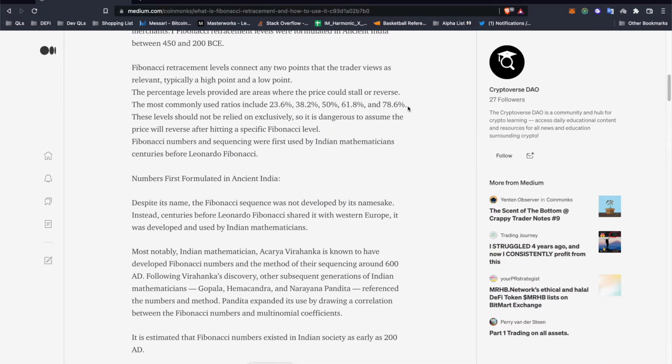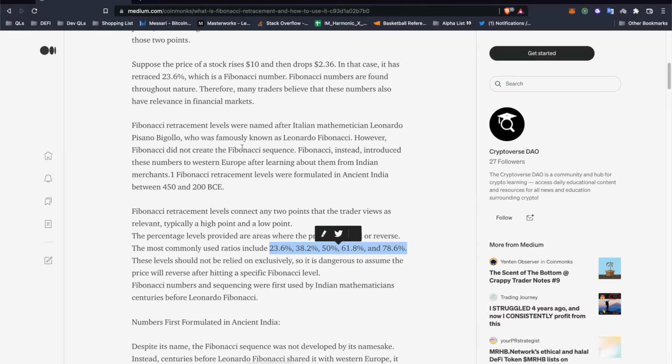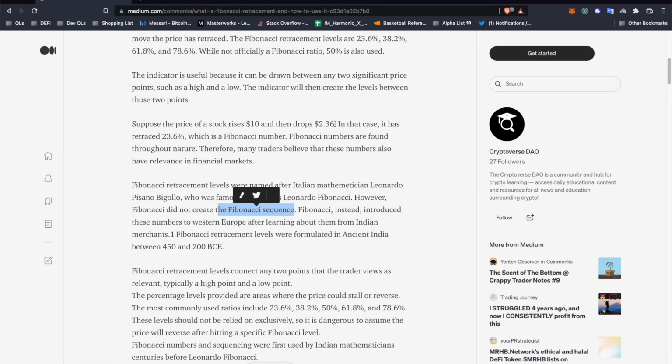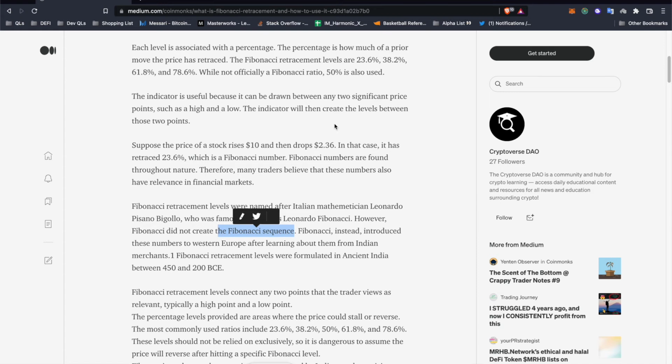Now, you might be wondering why these specific numbers, right? And what is this whole Fibonacci sequence? Basically, it's a mathematical sequence in which each number is the sum of the two numbers before it. So you add the two numbers before it, and that's the next number, and then you add that number to the previous one, and that's the number in front of it, right?